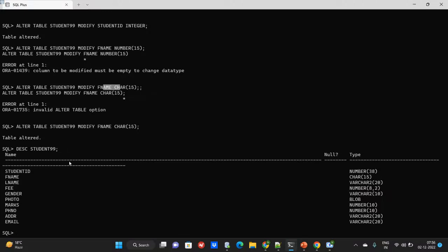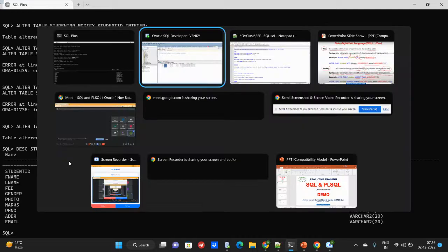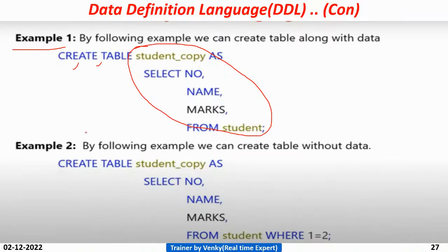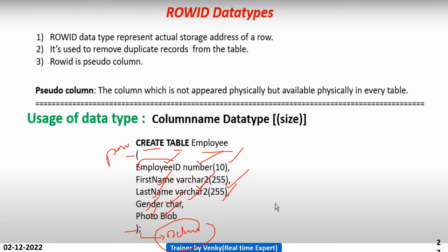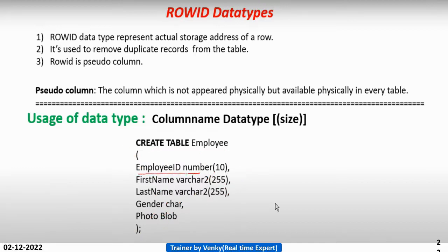In real time, you never get a situation to increase the size or to change the data type, because in real time we declare a table like this. Number data type, employee ID.